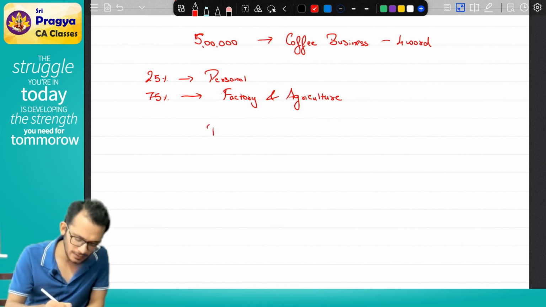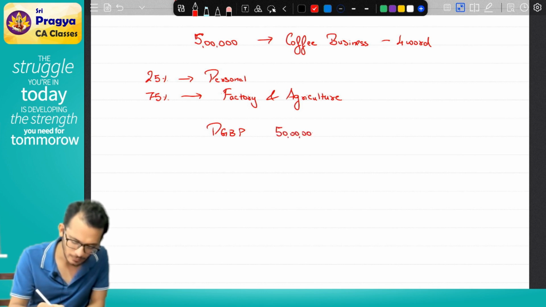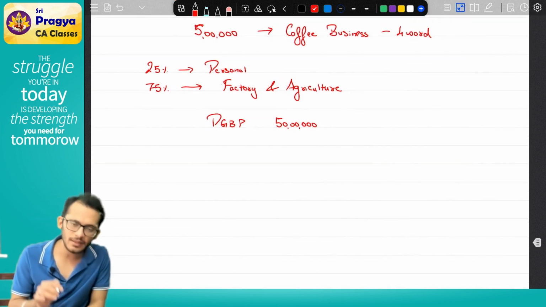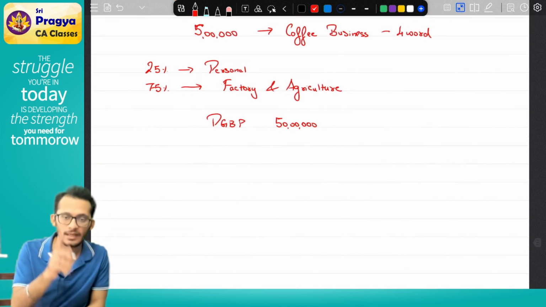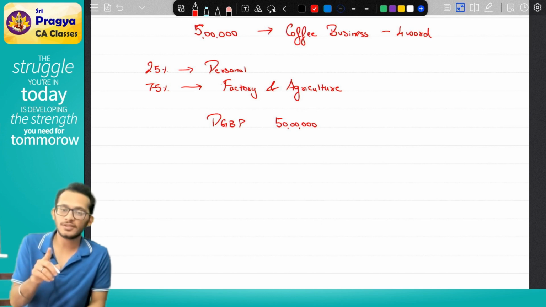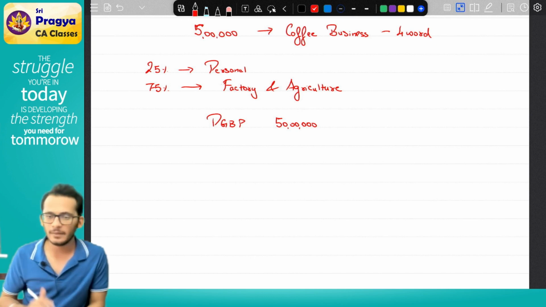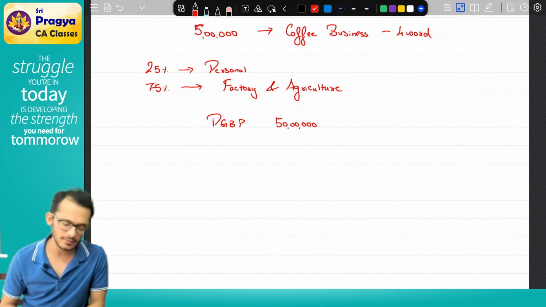My current year PGBP is 50 lakhs. I want you to tell me what is the depreciation I will claim, what is the depreciation to be reduced from closing WDV, and what is the final PGBP income. Help me out.